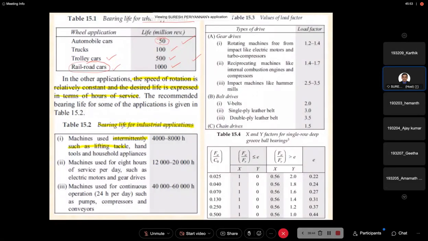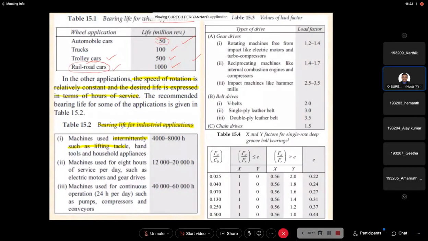This is a constant speed. Almost we are using the same speed. For example, a lift: once the lift speed is fixed, we follow the same speed, and we are not changing the lift speed mostly. Similarly, some standard operations in machines in industries maintain a constant speed.